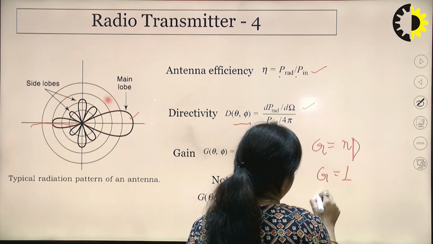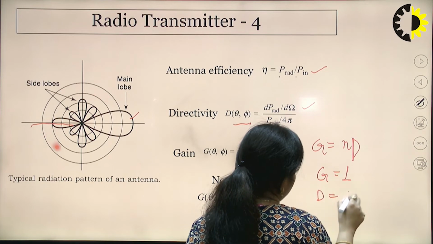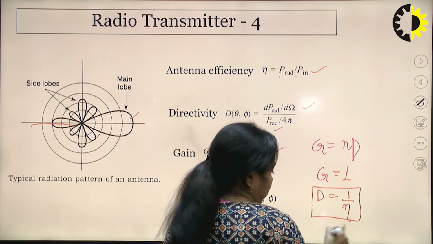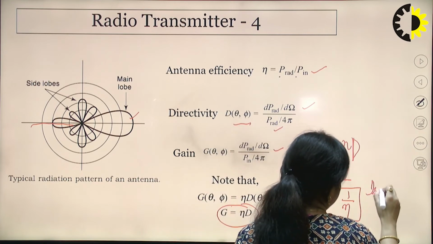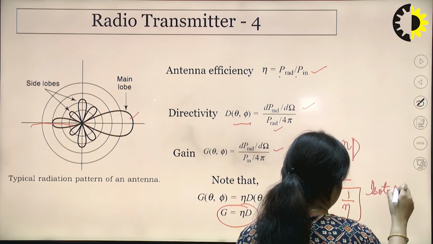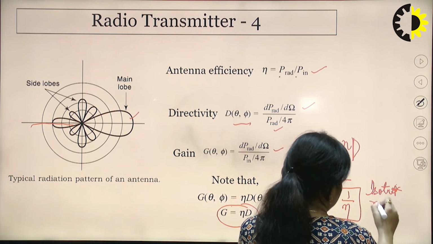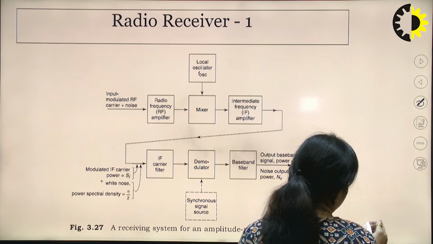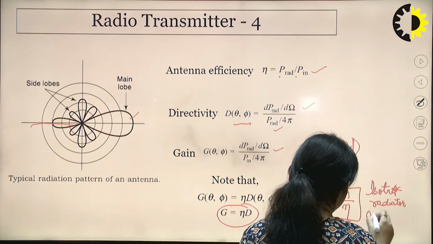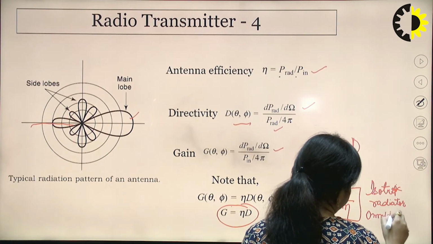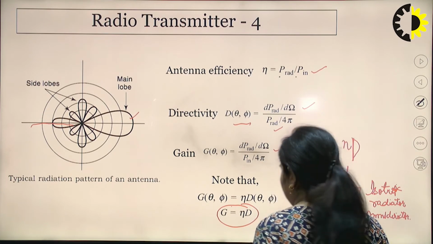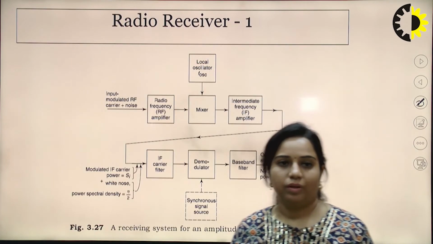That is for the isotropic radiator or for the omnidirectional antenna. Both are the same thing, and are used for reference purposes only.